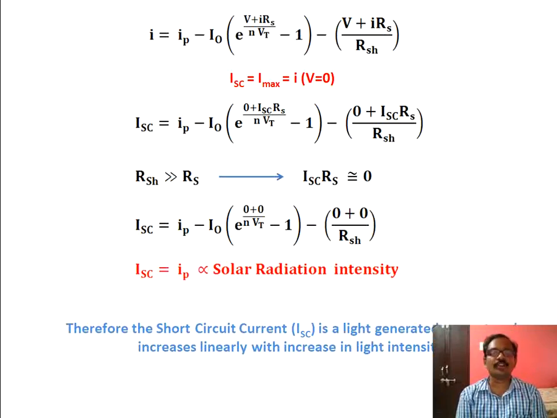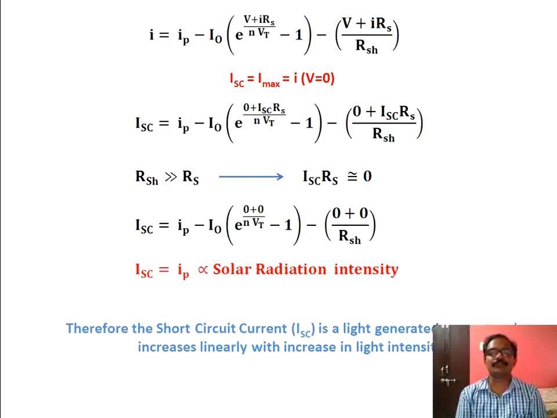And as I already told you, RSH is a very big value. The value will be in the range of 200 to 300 ohms, whereas the value of the series resistance RS is very small, in the range of 0.2 to 0.4. Therefore when compared to RSH, which is in hundreds, the value of RS, which is 0.2 or 0.4, is far smaller.